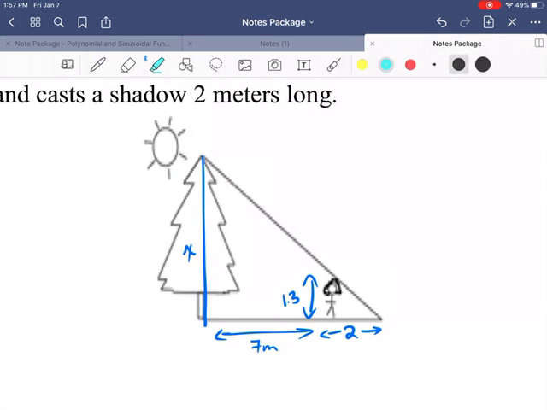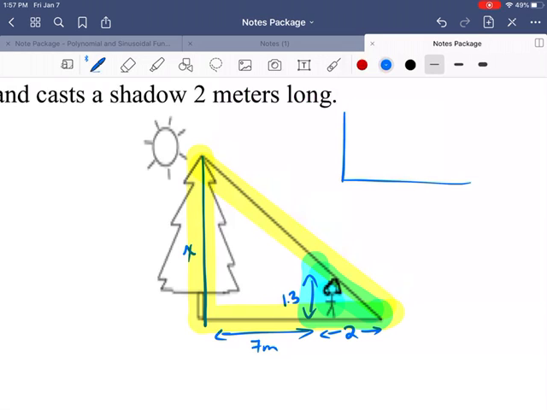So if you notice, we have two triangles going on here. We've got this little triangle, and then we've also got the big triangle. So I'm going to separate those two. So the little triangle is 1.3 and 2, and the big triangle is x and 7 plus 2, so the total distance is 9.